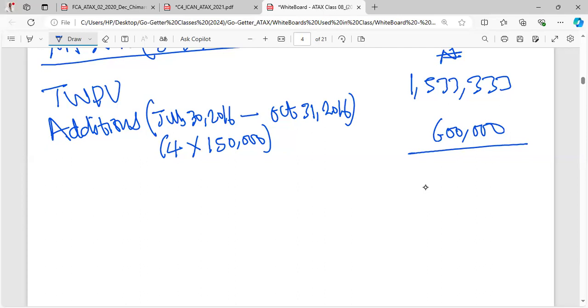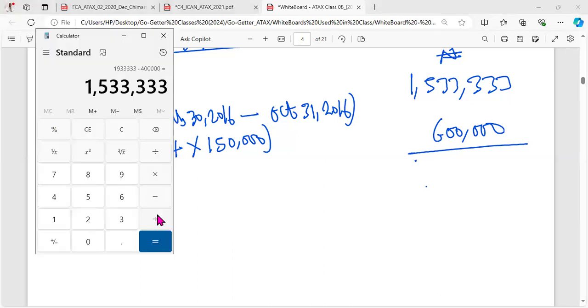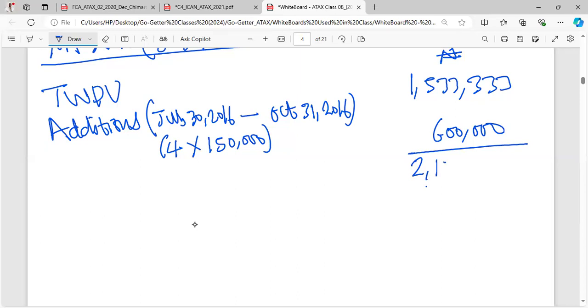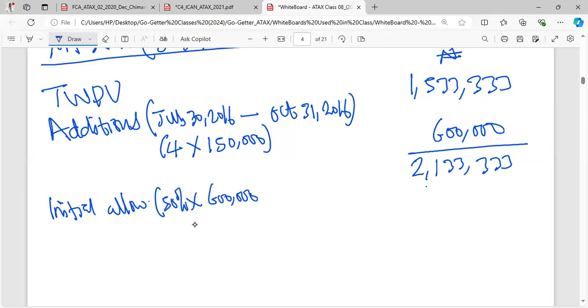So your tax written down value here will now be, add the 600,000 here, that will give me 2,133,333. You can come here, initial allowance, that will give me 50% of 600,000. That should give me 300,000.